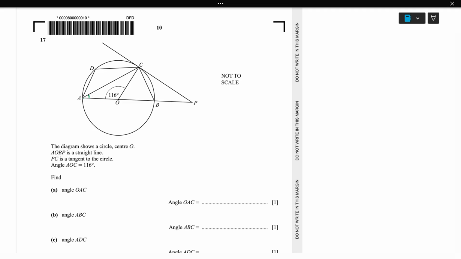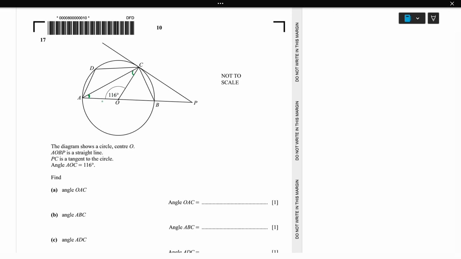This is very simple. OA and OC are the radii of the circle. Radii are always equal in a circle. However many radii we draw, they are equal. So it becomes an isosceles triangle. All three angles add up to 180. Take away this 116, and the rest we make half, because these two angles are equal in the isosceles triangle.